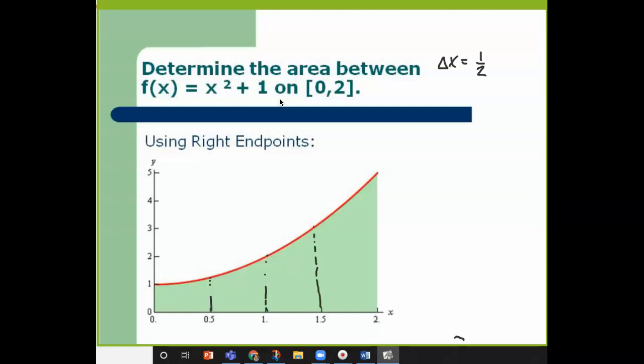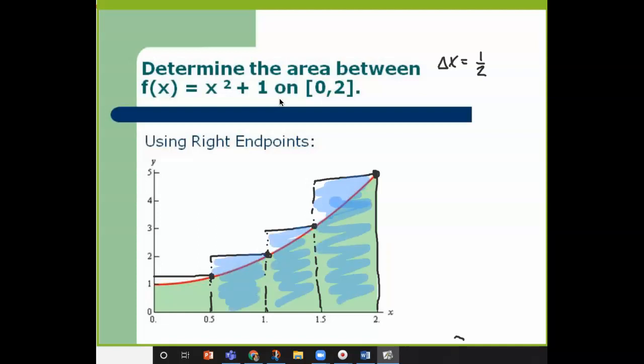But now my rectangles are coming from the right side of the curve. So what you'll notice about each of these rectangles is that the areas are all over the curve. So this right Riemann sum is going to give me an overestimate.